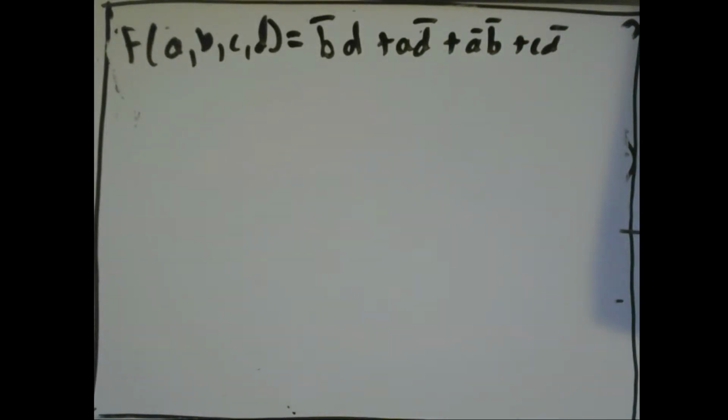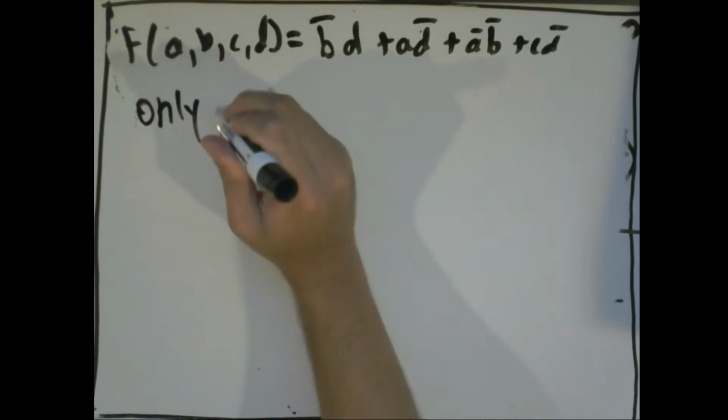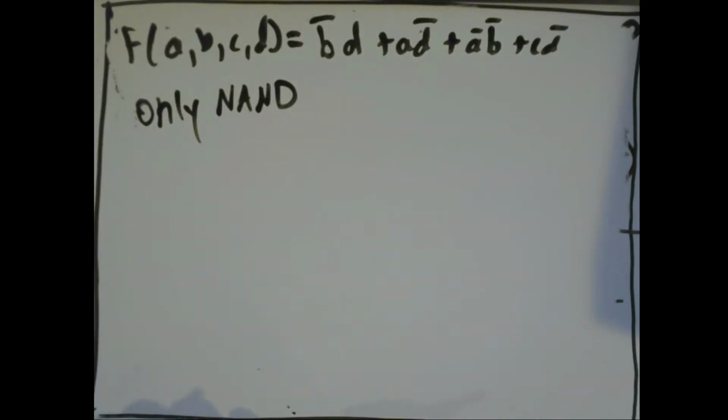And we want to use only NANDs. How should we do this? I see someone's asking, maybe if you start out with a POS equation, how do you do that? I can get to that after I do this example.